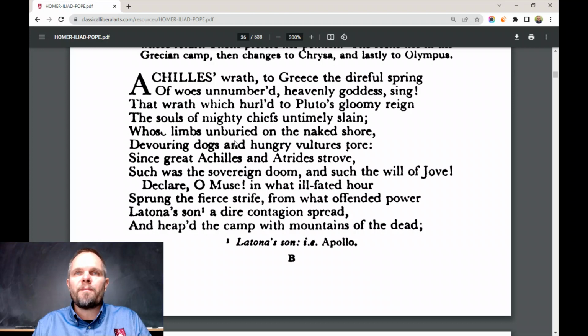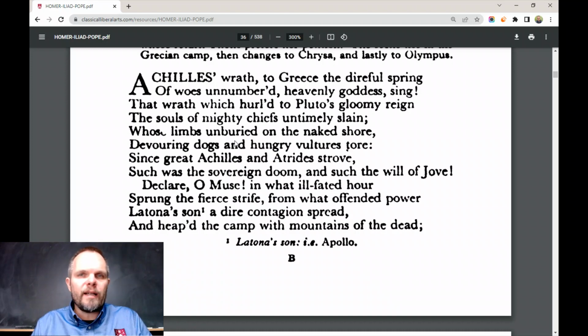Let's keep reading here. Homer goes on to describe this situation. He says of the souls of mighty chiefs, whose limbs, unburied on the naked shore, devouring dogs and hungry vultures tore. And we have to ask, why would he say that? Why is that mentioned? Because not only did these great chiefs suffer an untimely death, but it was a dishonorable death. Dogs and vultures tore their unburied bodies on the shore.